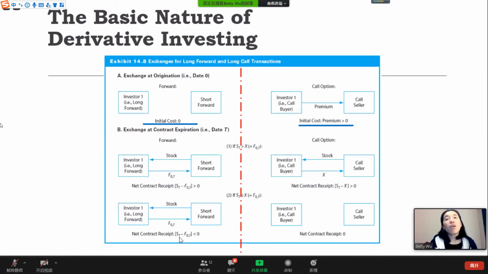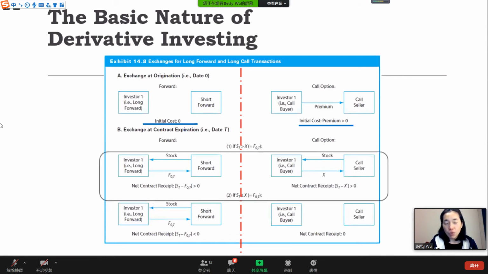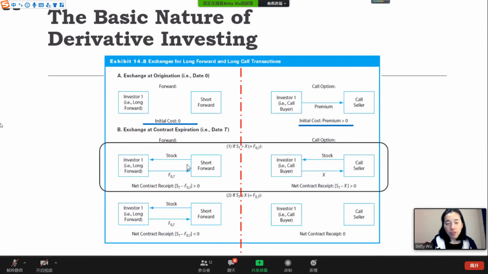So that means you're making a loss. Okay, and for the call, you just walk away because it's not profitable for you to do this. So in this scenario, actually, the same outcome, and in this scenario, you see different outcomes.